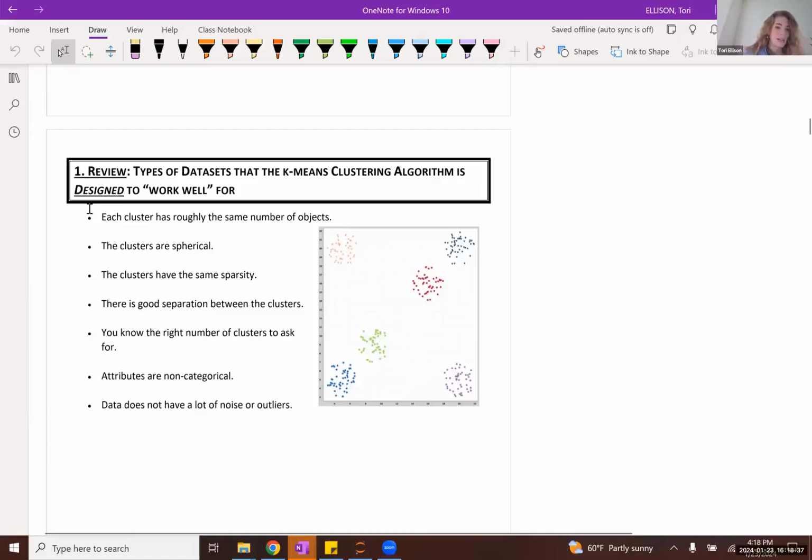But then in particular, it's not just making claims about the type of data that you're dealing with, but also the type of cluster that you're dealing with as well. So in this particular case, the type of cluster that k-means can identify is, essentially we're assuming that a cluster is spherical, that clusters all have the same sparsity, they all have the same number of objects, and they're well separated from each other.